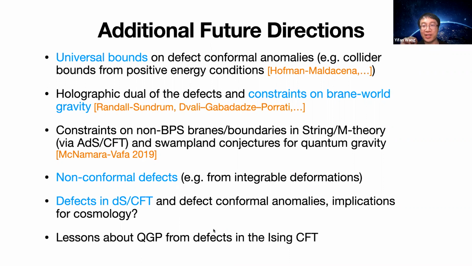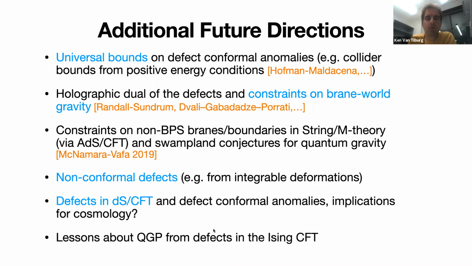So it'll be interesting to see what these line defects in Ising CFT correspond to in this quark-gluon plasma, and see how it's related to some UV description in QCD. I mean, there are many interesting line operators in QCD, but it'll be interesting to see how you translate the physics of this IR line defect in the Ising to some kind of UV description. This may have some experimental consequence, I don't know.